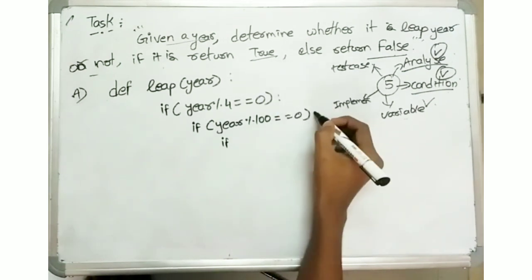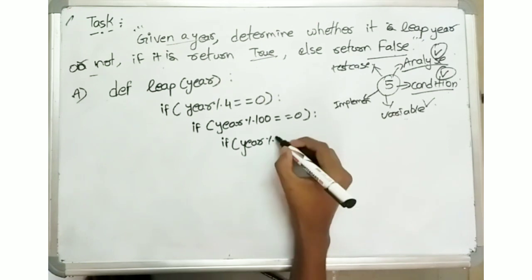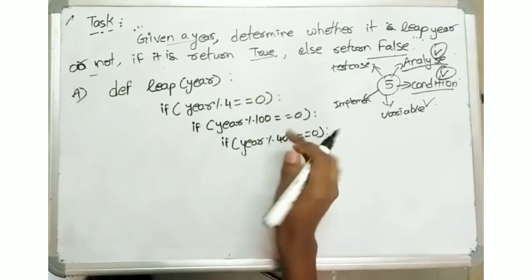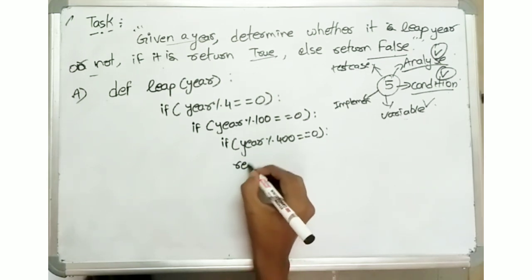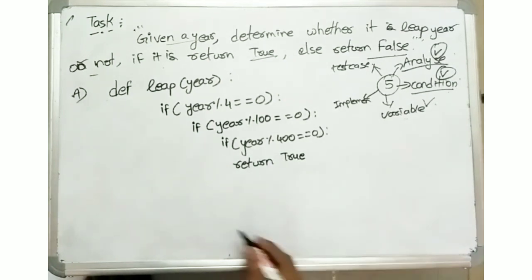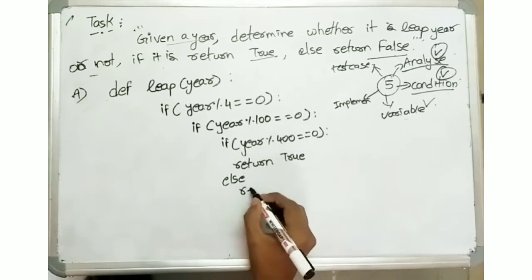Just observe the syntax also. If year mod 400 equal to 0, if all three are satisfied, then what are we going to do? We just return true. Okay. Else, we return false.